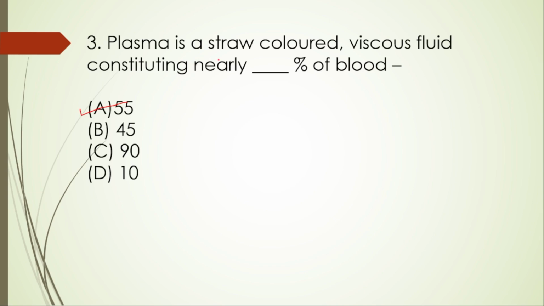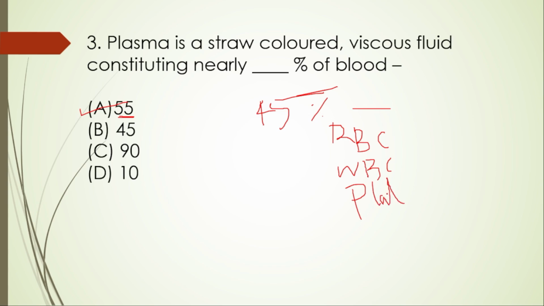It consists of 55% of the total blood volume, and the remaining 45% is formed of RBC, WBC and platelets. So here the right option is option A, 55.